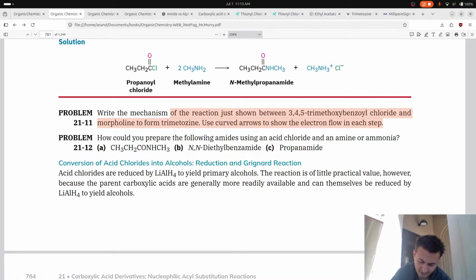This is going to be called N-methylpropanamide. And to form it, we'd start with propanoyl chloride and 2 equivalents of methylamine.